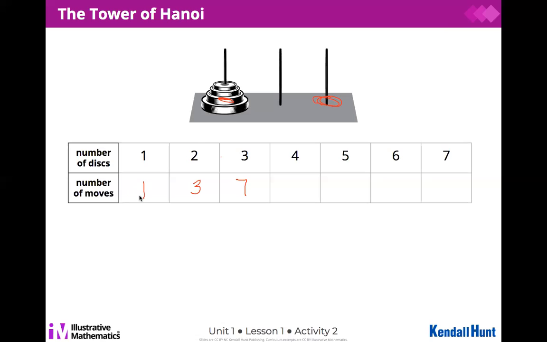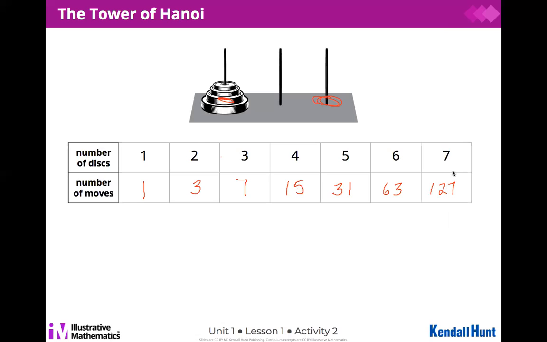Now, if we were to continue on with these, and again, these get pretty intense here, the least number of moves we could get for 4 would be 15. When we move to 5, it would be 31. When it moves to 6, it would be 63. And when we go to 7, it'd be 127.